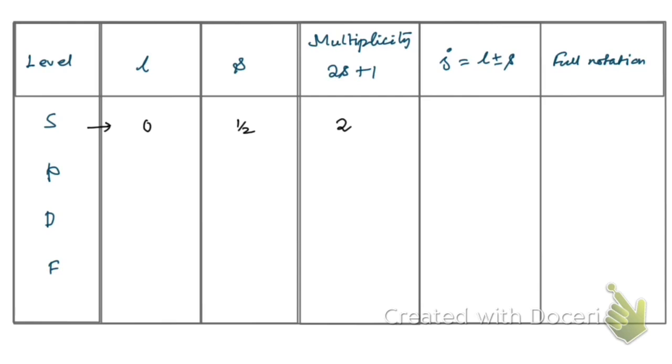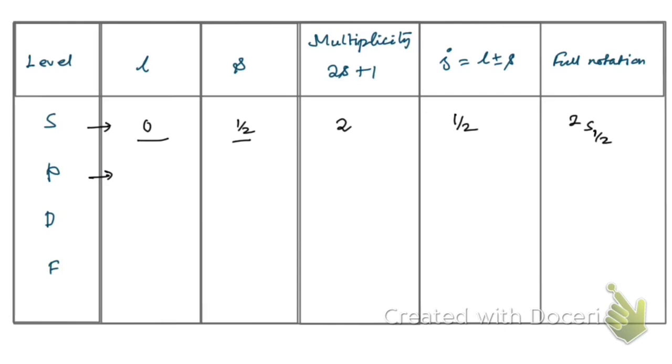And here it's gonna be L plus S. So 0 minus half cannot be taken here, so we must take only 0 plus half, L plus S. So that's why it's gonna be half, and as we have got multiplicity 2, we can write 2 S half. Okay, this is the full notation.